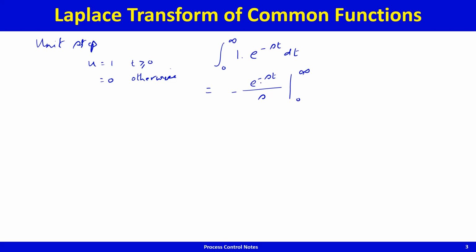At infinity, e to the power minus st for s greater than 0 goes to 0, and at t equal to 0, e to the power minus st goes to 1, and so this is equal to 1 by s.